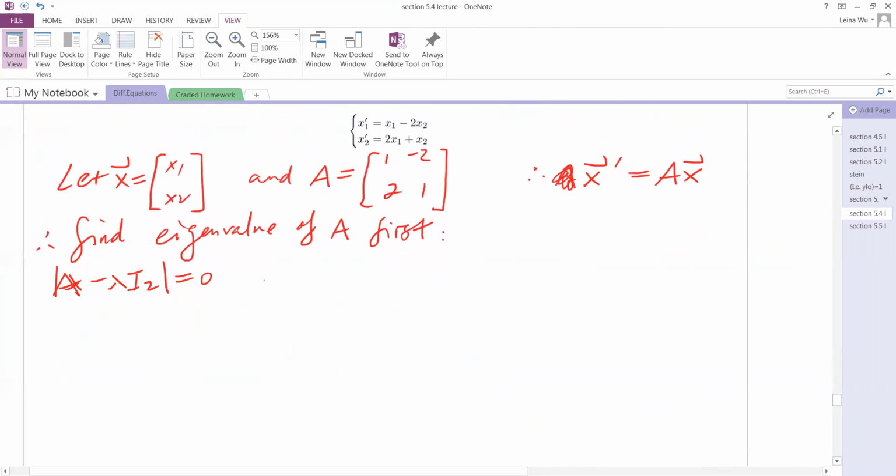Folks, are you guys there? Okay, let's go ahead and get this determinant again. So [1, -2; 2, 1], and I'm going to subtract lambda here, equals 0. I'm going to ask you guys to find the lambda.